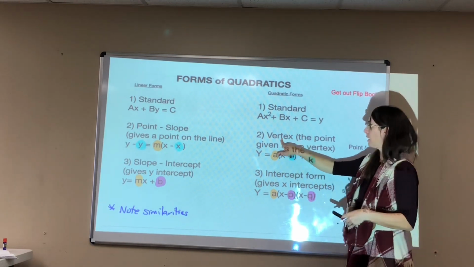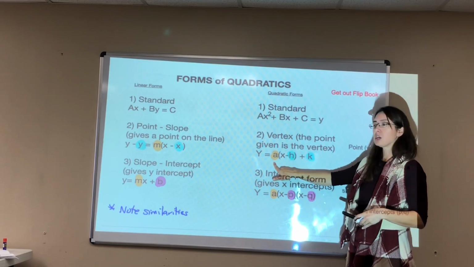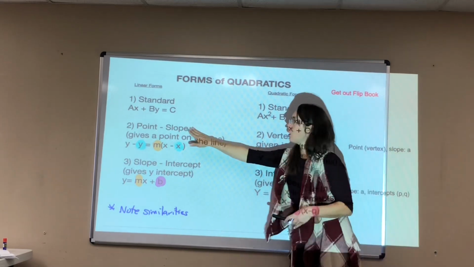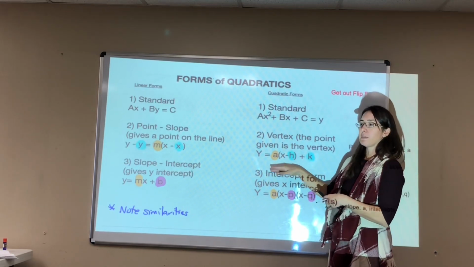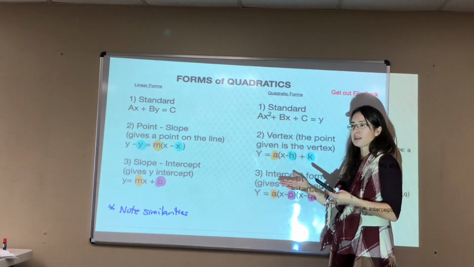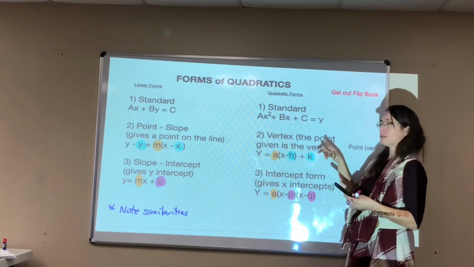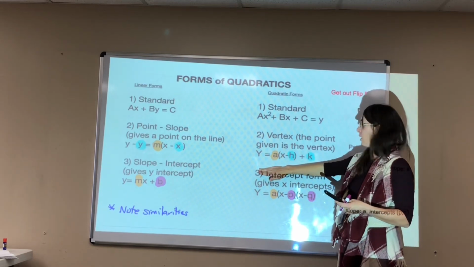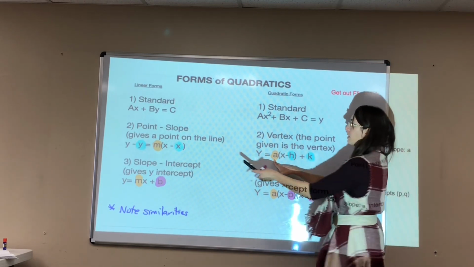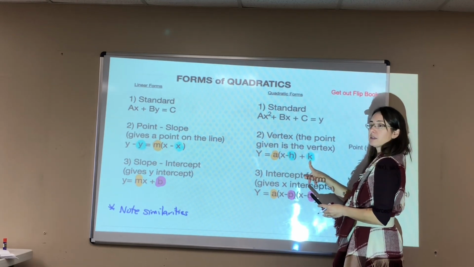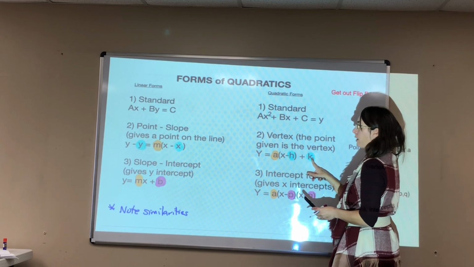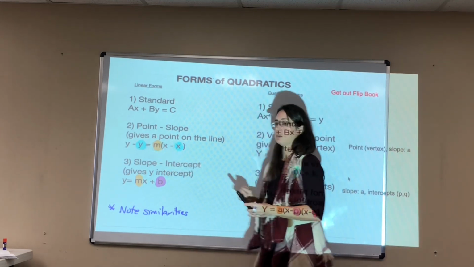So it's a point and the slope of it. So we called it point slope here, we call it vertex slope here, but our vertex is a point, so we could kind of rename it point slope form for a quadratic. We have our slope in the same location, and then here is our point, our x and our y value, okay?